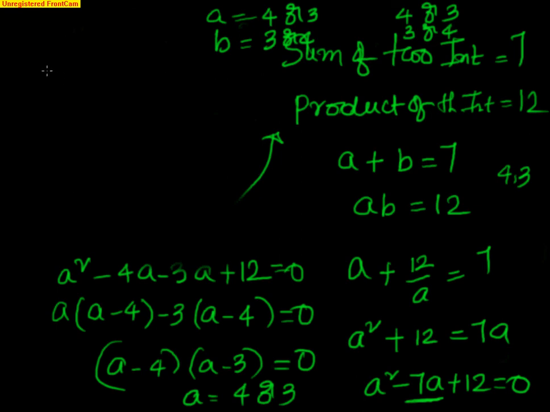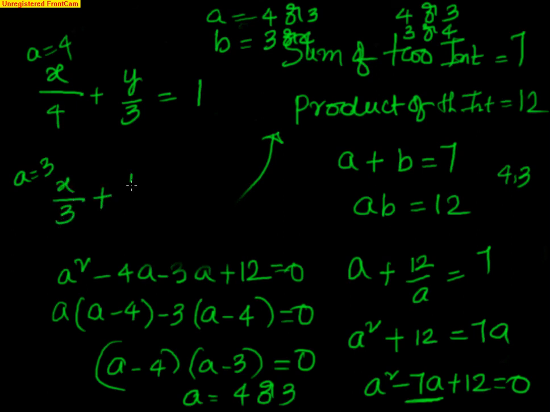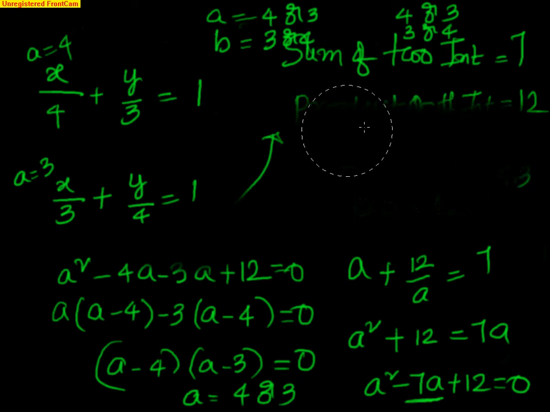Now x by a plus y by b, let us take a equal to 4. x by 4 plus y by 3 is equal to 1, or if a equal to 3, this becomes x by 3 plus y by 4 equal to 1, which you can simplify. Let me just do it for the sake of completeness.